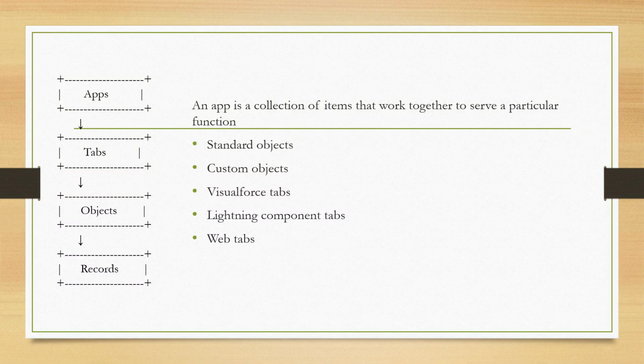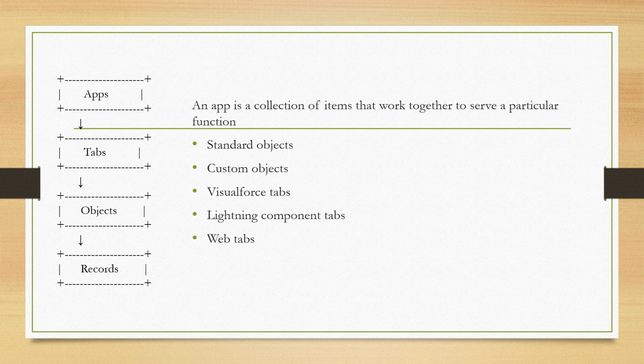Coming to the apps, you have seen what an app is, and it contains different tabs. A tab is nothing but a user interface, kind of a button. Once you click on that, you can access the different objects which are available in Salesforce. And in that object you can see the records which contain the actual information.